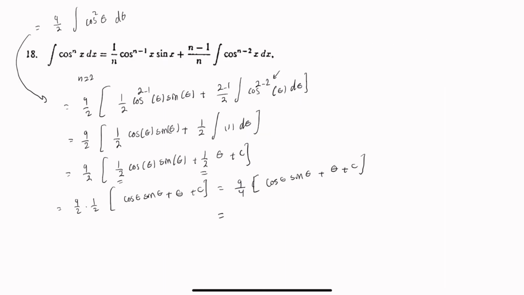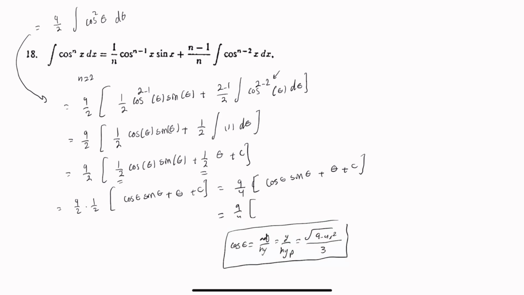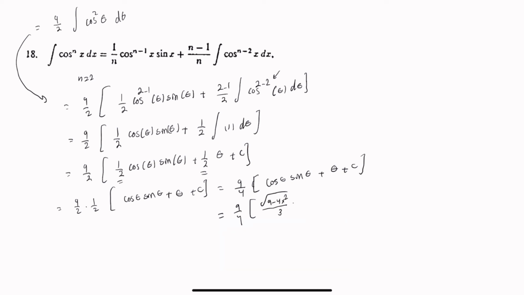This is going to be equal to 9 over 4, and then cosine of theta is equal to square root of 9 minus 4x squared over 3 multiplied by sine of theta, which is 2 over 3 multiplied by x, and then plus theta, which is arc sine of 2x over 3, and plus the constant c.